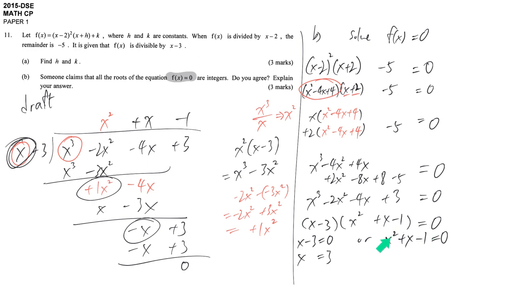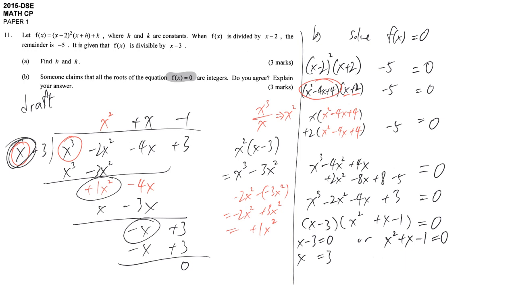Now the key point is here. This is quadratic, so ax squared plus bx plus c. We use our formula. We can get the value of the roots. If you remember the formula, it is negative b plus or minus the square root of b squared minus 4ac, and then divided by 2a. It's definitely not an integer.